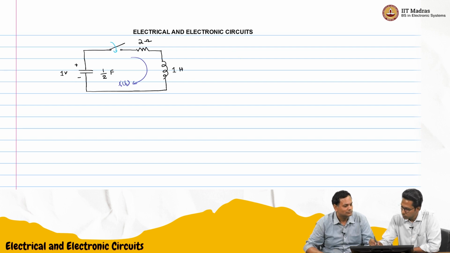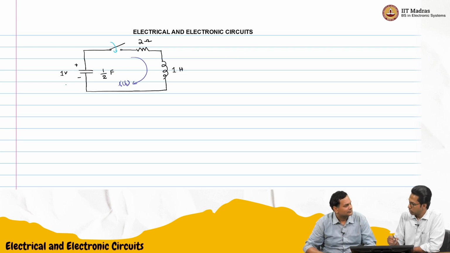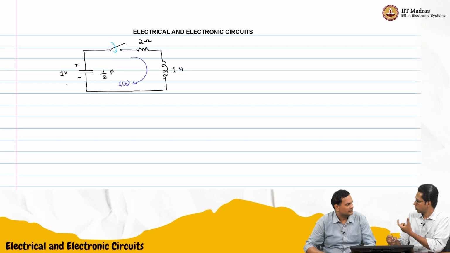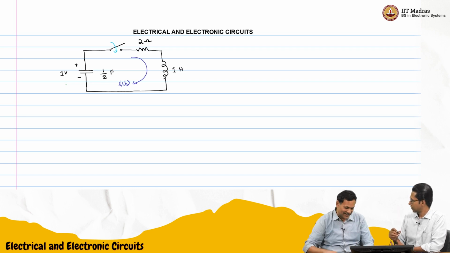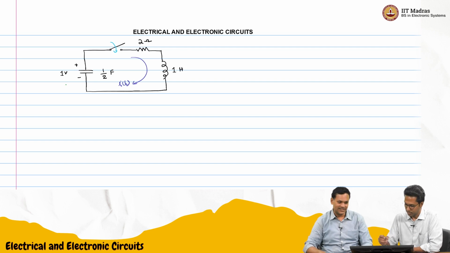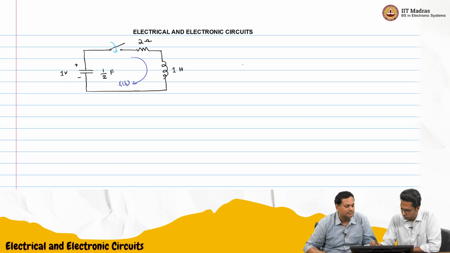So, let me try. The capacitor, if it has an initial charge, that will become an initial voltage, that will become a voltage source by, yes, CS. Correct. CS or just S? I think C got cancelled. That's right. It is just by S. So, plus minus.